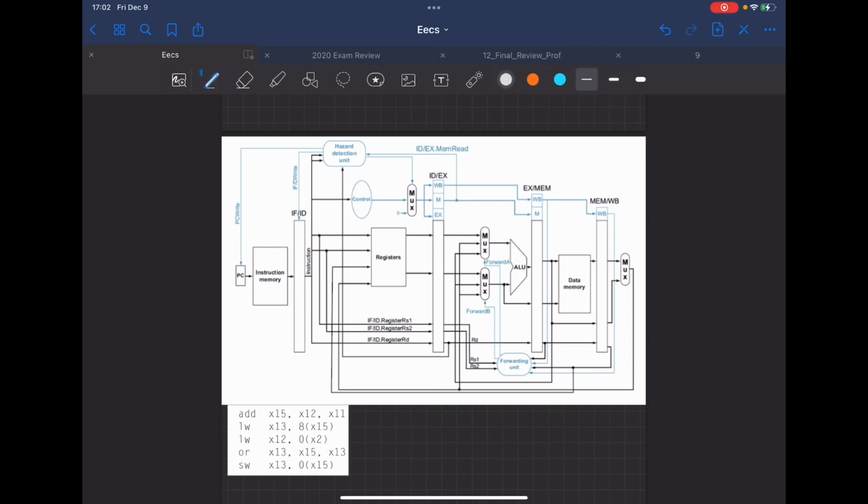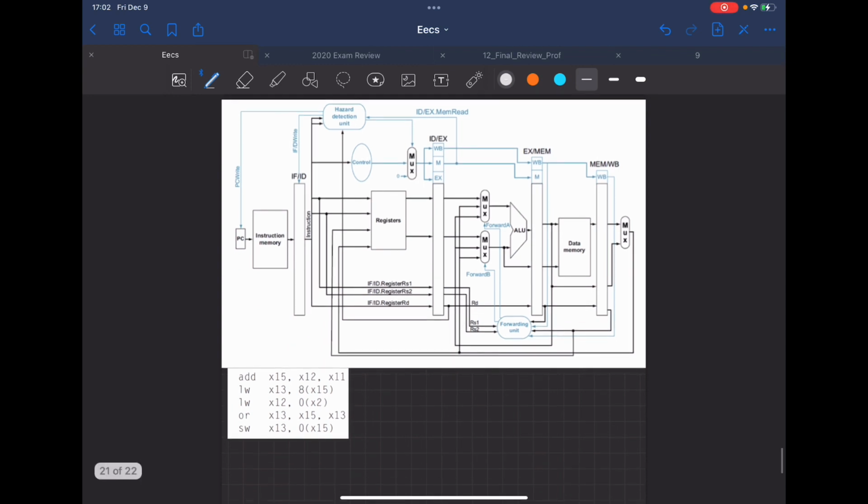Okay, so the first part says, if there is no forwarding or hazard detection, insert no-ops to ensure correct execution. By now, we all have experience in this, so I'm sure we can breeze through this without much explanation. I'll simply write it.